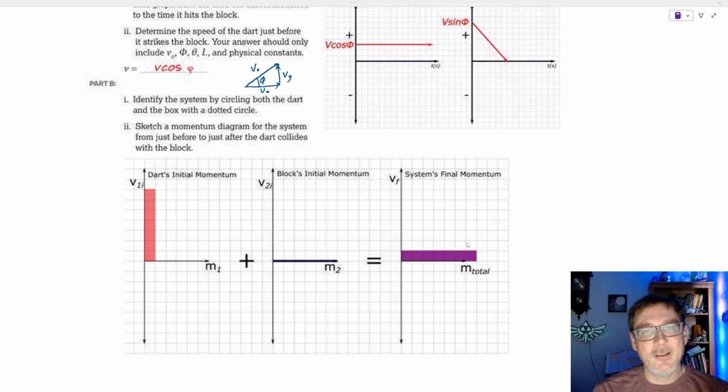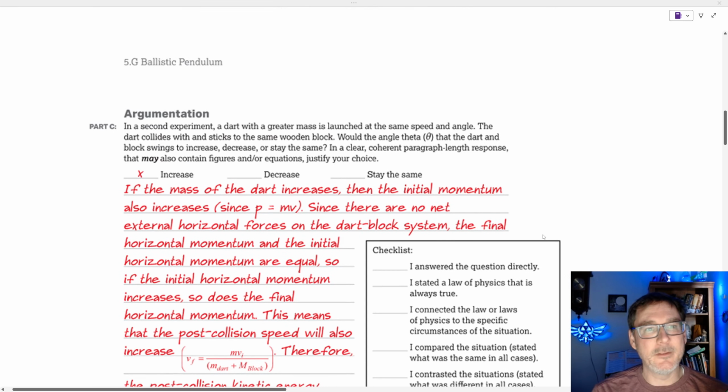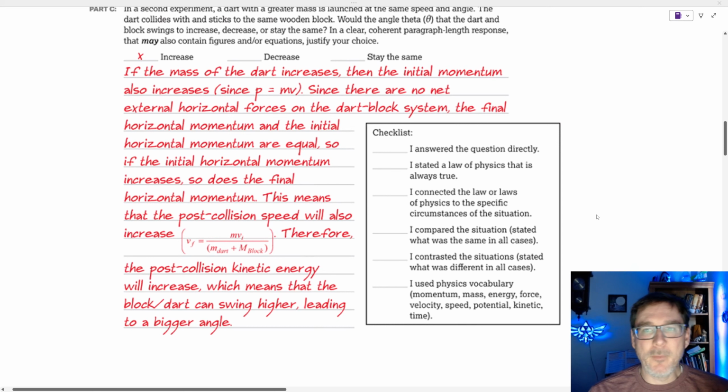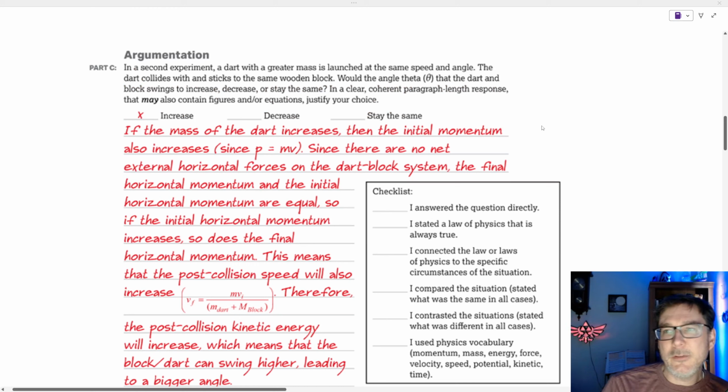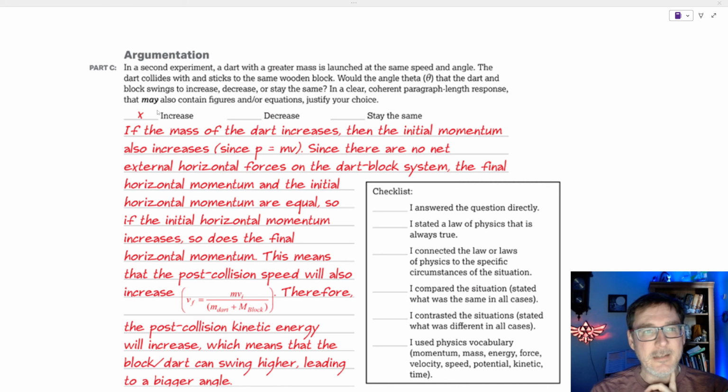Okay, like I said before, there's a lot to keep track of with these diagrams. So the argument. There is a lot I could talk about here, but I will say a couple things. One, when you do this on the AP test, a lot of times it doesn't matter if you've checked the correct answer. I mean, it does. Let me just put it that way.